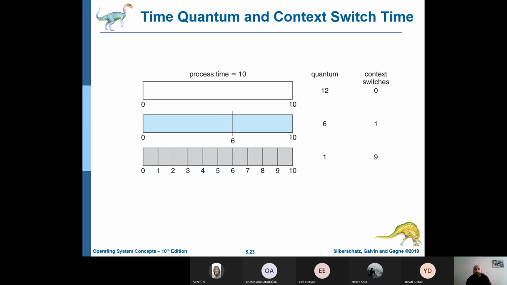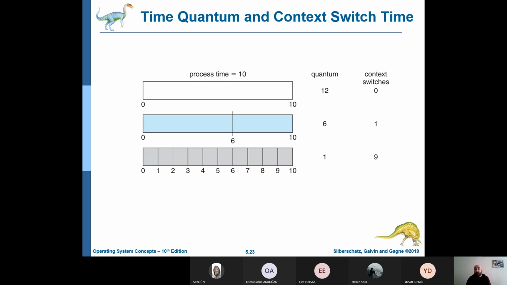If the quantum is 6 time units, however, the process requires 2 quanta, resulting in a context switch. If the time quantum is 1 time unit, then 9 context switches will occur and it will slow the execution of the process accordingly. Thus, we want the time quantum to be large with respect to the context switch time.